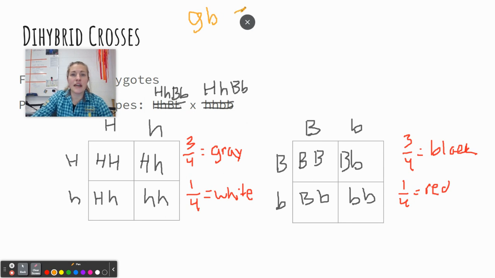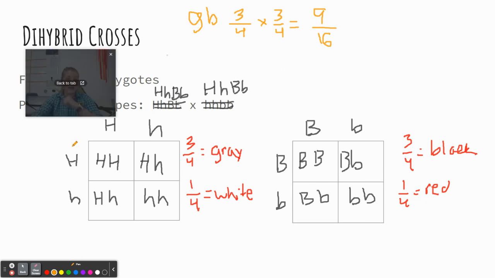So I would take 3/4 times 3/4, and that's equal, 3 times 3 is 9, and 4 times 4 is 16. So I have 9 out of 16 chance of getting gray with black eyes.